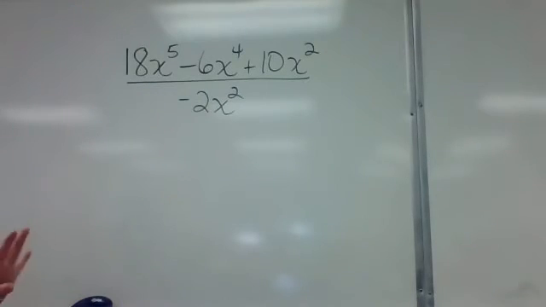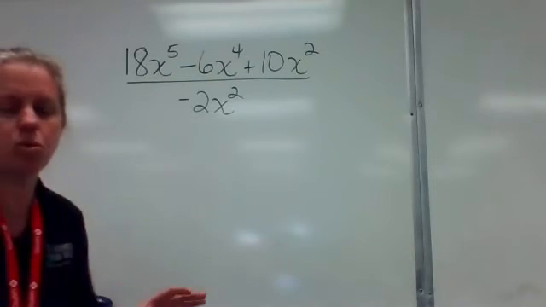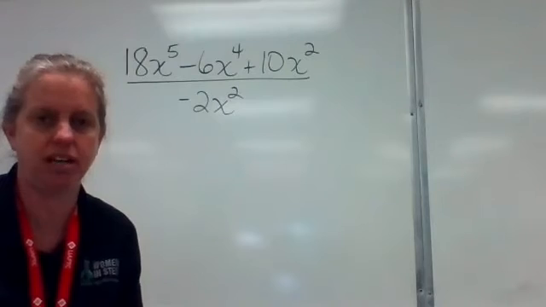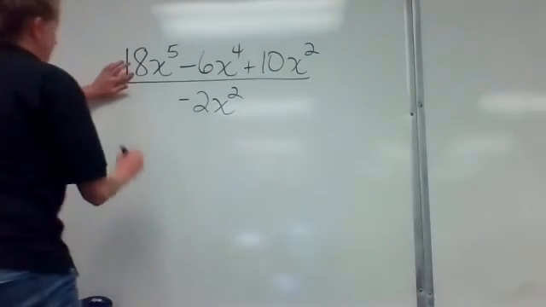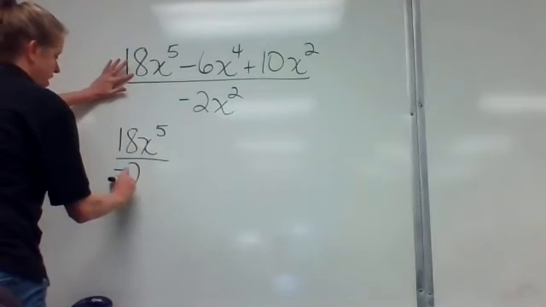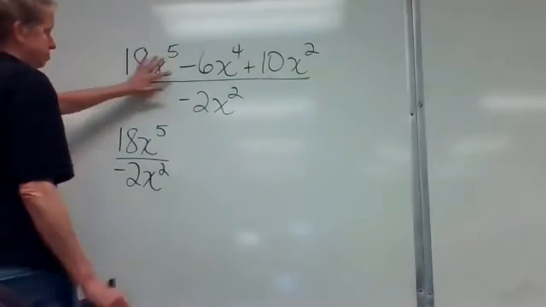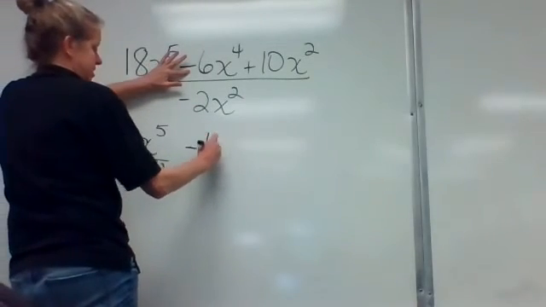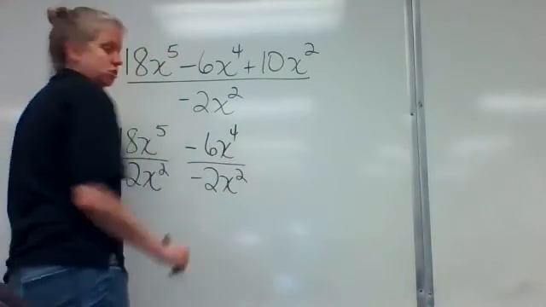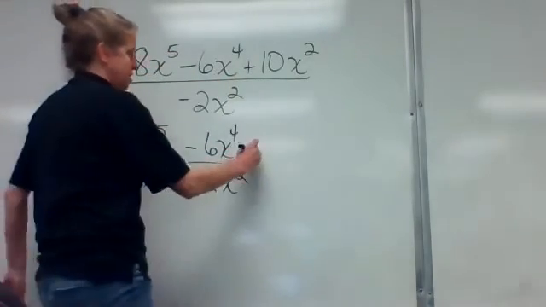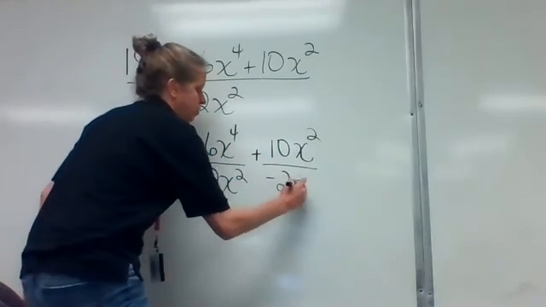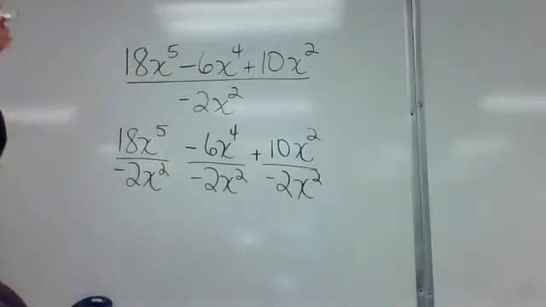So again, like I said, even though it takes a little more work on the front end, I like to see everybody separately, which means I have 18x to the 5th over its own negative 2x squared, then the minus 6x to the 4th over negative 2x squared and positive 10x squared over negative 2x squared.